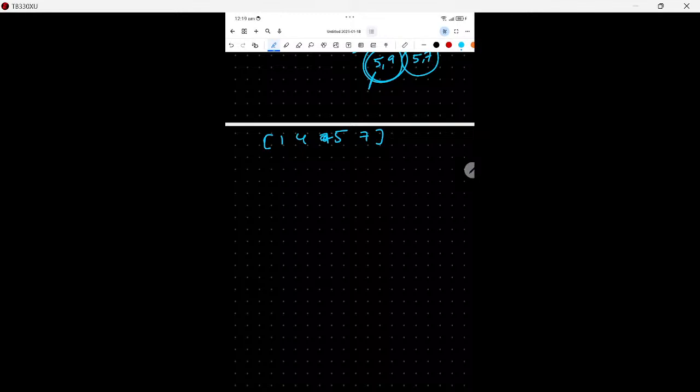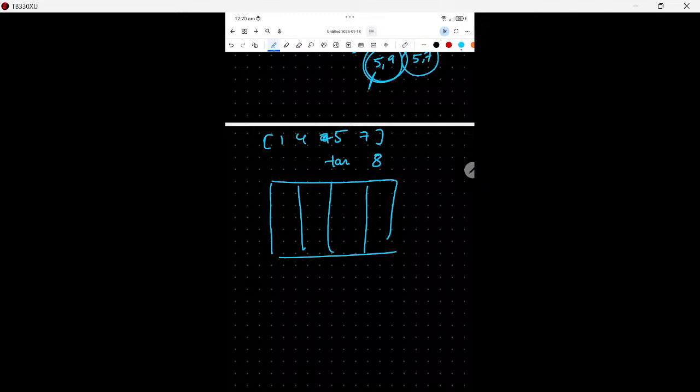Let's take a target of 8. What tabulation does is we get a 2D array with the array's length, 4 rows, and 8 columns.